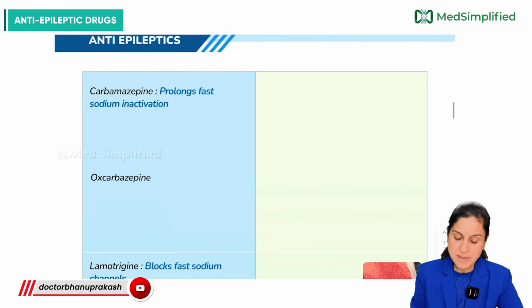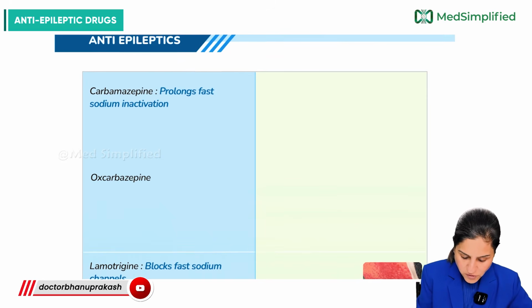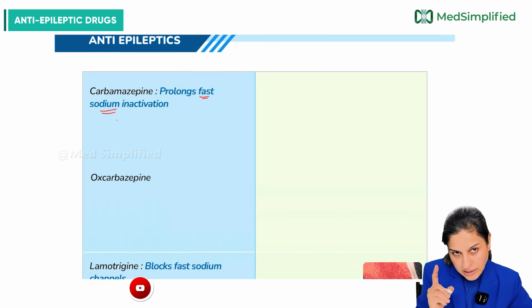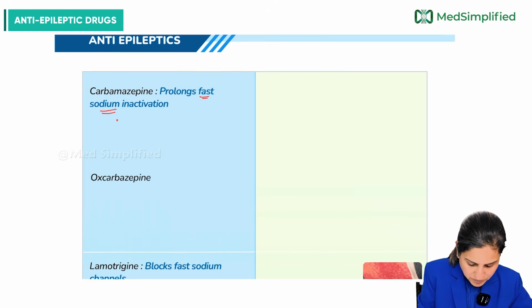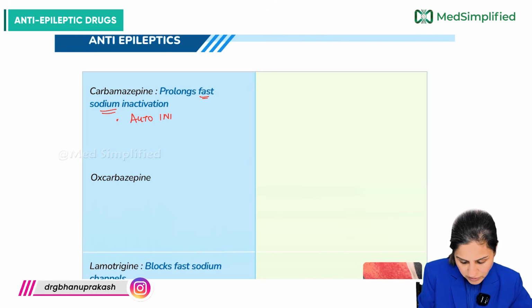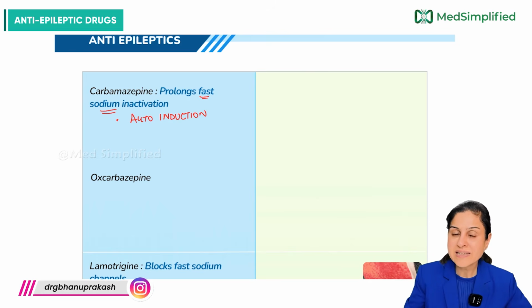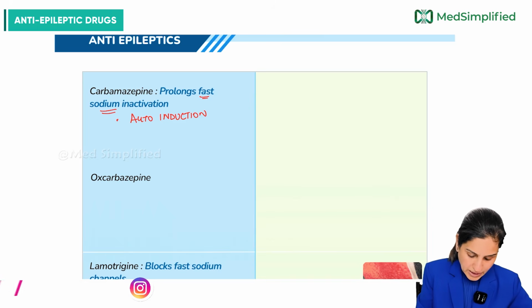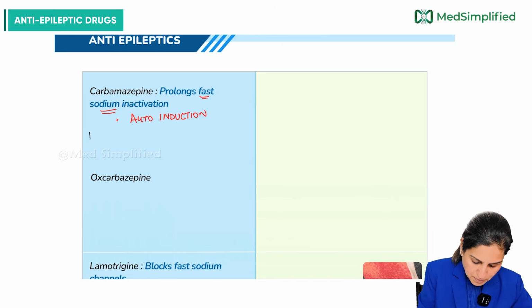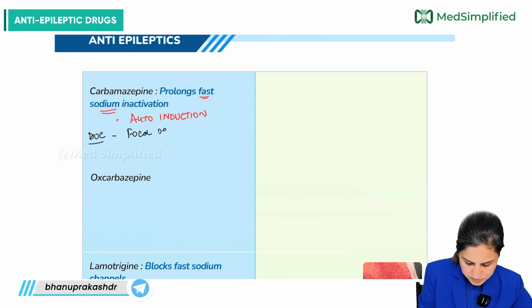Then carbamazepine. Now carbamazepine prolongs the fast sodium inactivation, and an important thing you should know is that this drug has a property of autoinduction. It will induce its own metabolism, so gradually you will have to go on increasing the dose of this particular drug. Carbamazepine is a drug of choice in focal seizures.